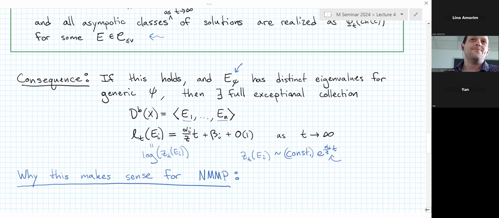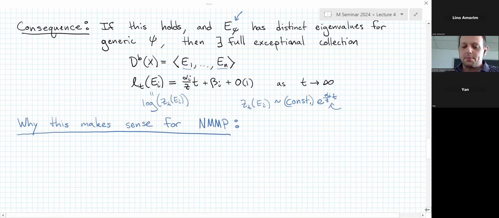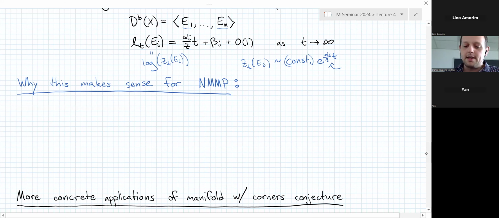So, anyway, back to the more speculative thing. There's a reason why this picture makes sense for this noncommutative MMP, this quantum differential equation thing.